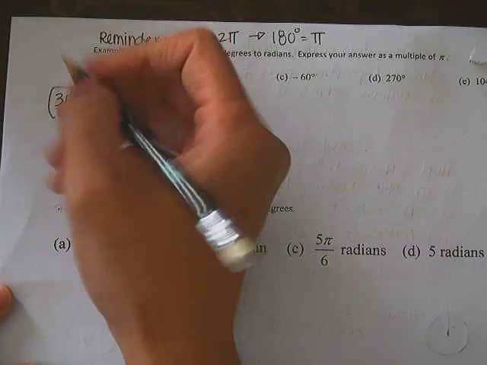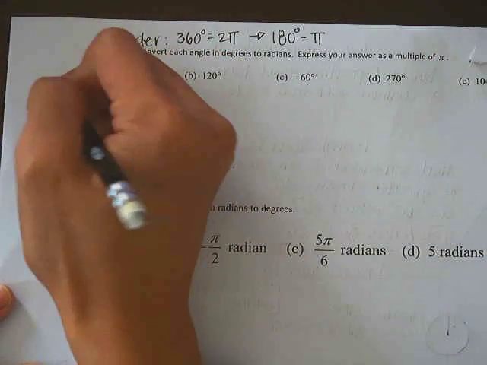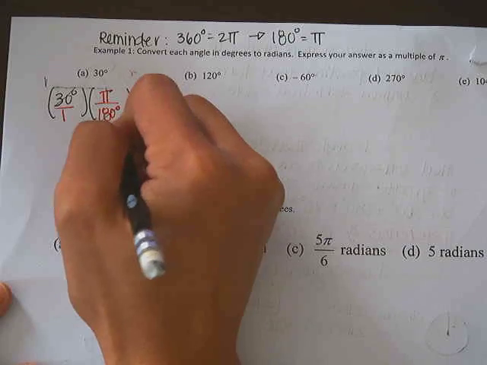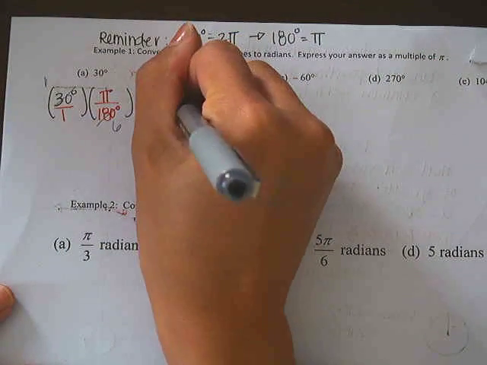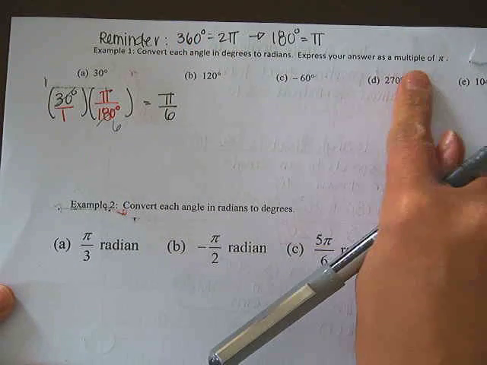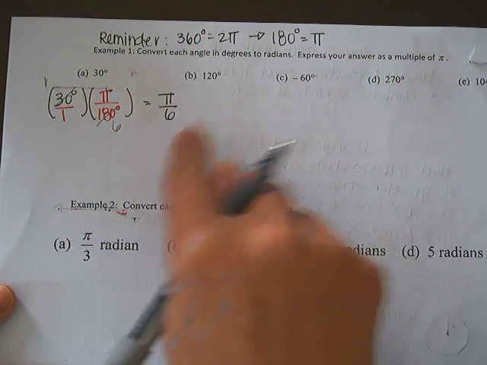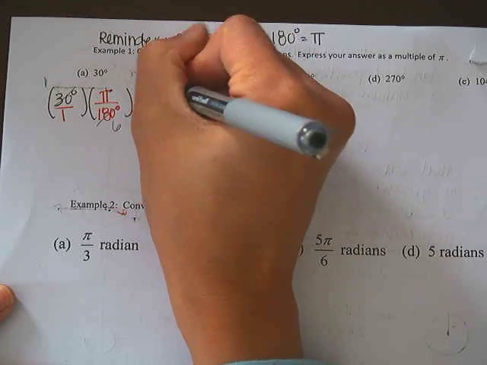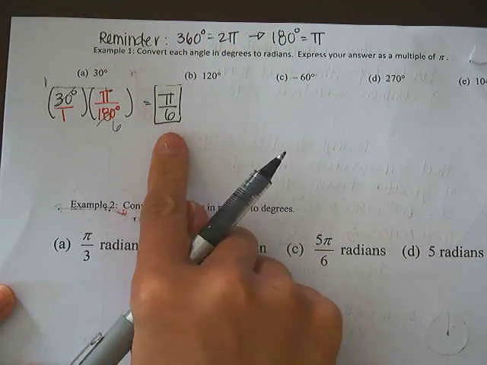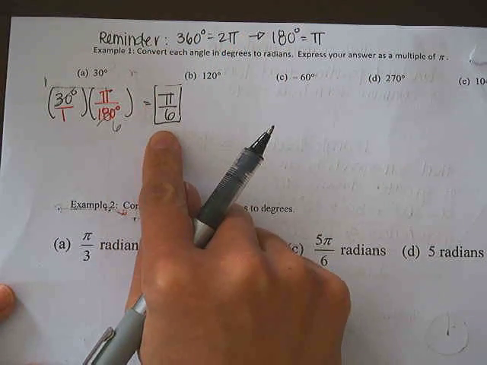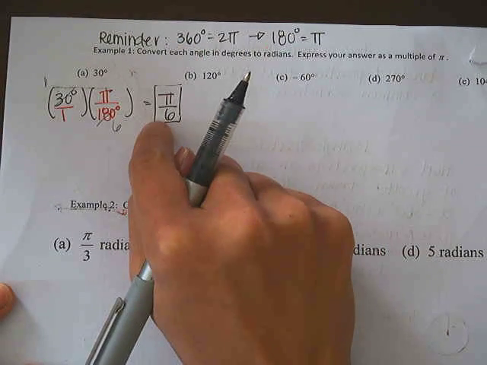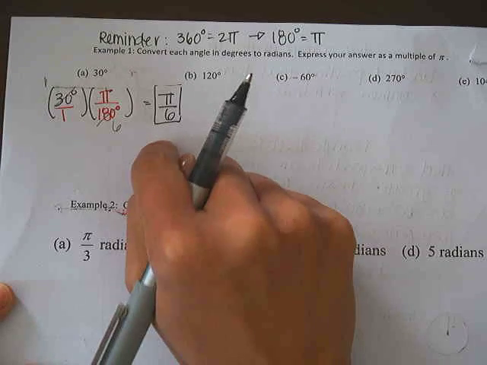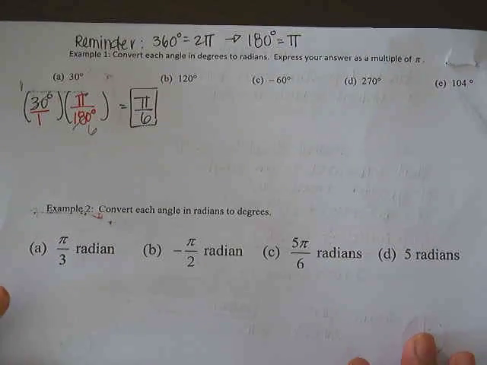So you can reduce: divide by 30, you get 1, and divide this by 30, you get 6. So my answer is pi over 6, and since it says leave the answer as a multiple of pi and I can't use a calculator, I'm going to leave it as is. And I don't have to write the word radians, because if there's no bubble written next to it, it's assumed to be radians, okay?